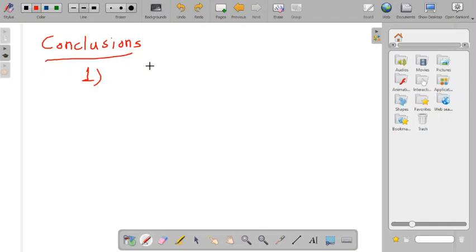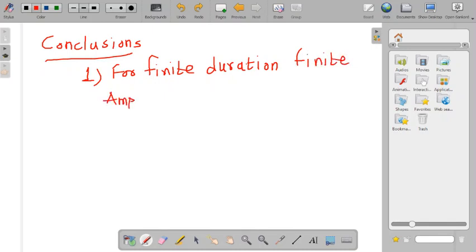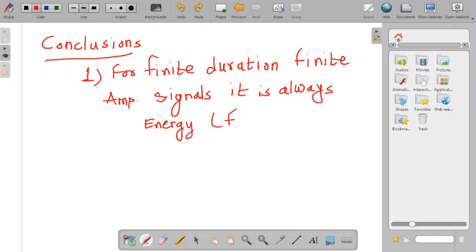Conclusion number 1: for finite duration, finite amplitude signals, it is always energy, which means energy is finite.